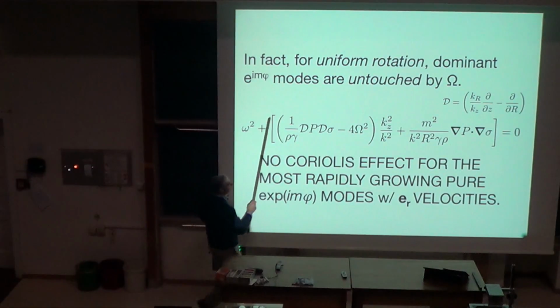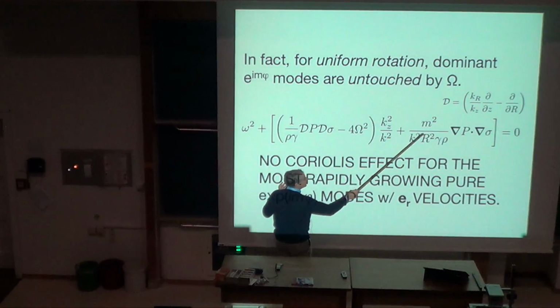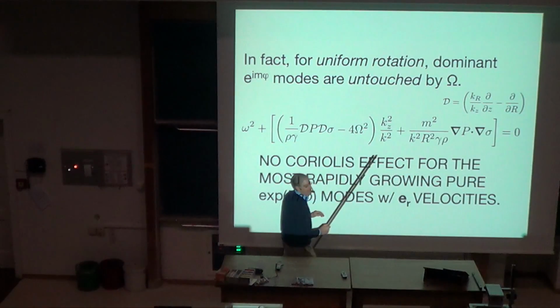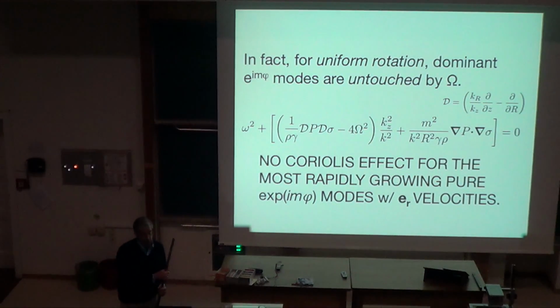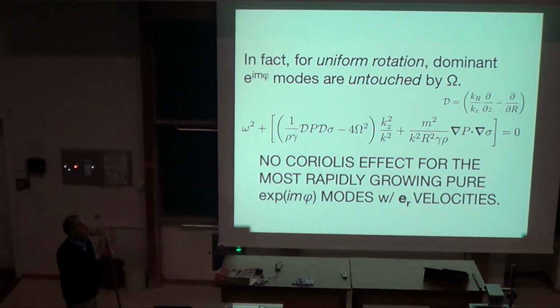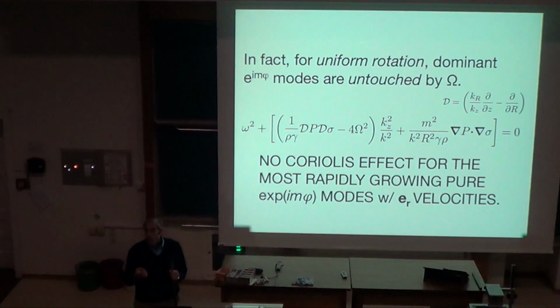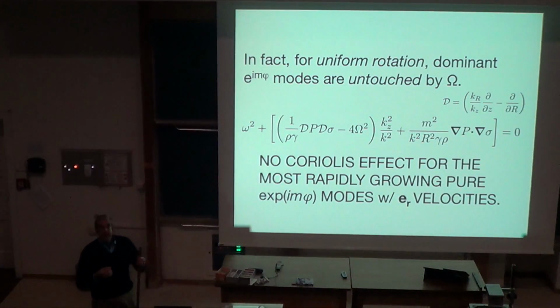That gives me an omega squared with this coefficient of unity, and then I get back to my Brunt-Väisälä frequency, this rapidly growing mode. There's no Coriolis effect for the most rapidly growing mode, and the reason for that is what's called geostrophic balance. In essence, the Coriolis term is exactly canceled out by an azimuthal pressure gradient.